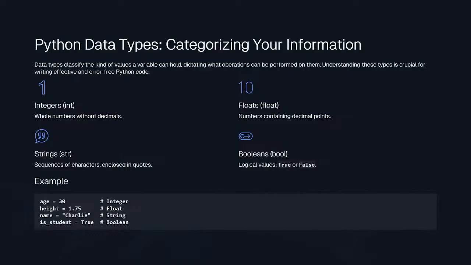Now, Boolean is basically logical values. It is either true or false, no in between. So, like here, if student is true, either a person can be a student or he cannot be a student. Either a student can be a girl or a boy. It can't be both.